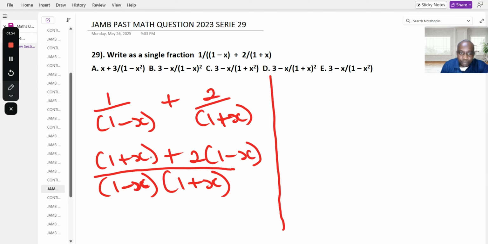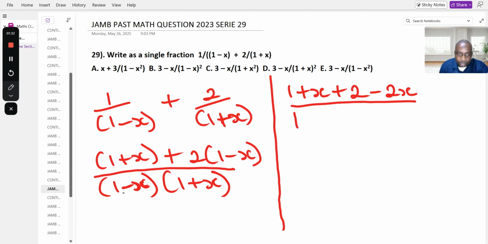Therefore, let's open the brackets. 1 plus x, this one, plus 2 times 1. 2 times 1 is 2. 2 times minus x is going to give us minus 2x. 1 times 1 is 1. 1 times x is plus x.